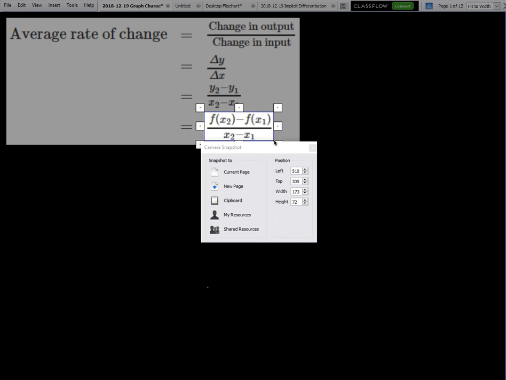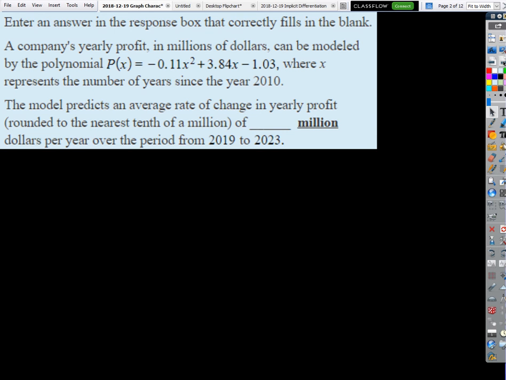All right, so there it is. Now let's look at this problem. There's our definition, right? We can do this one in Desmos. Now they're giving us, I think we looked at this the other day, right? I think we did. So we've got this function here that's giving us yearly profit in millions of dollars, and the output is profit.